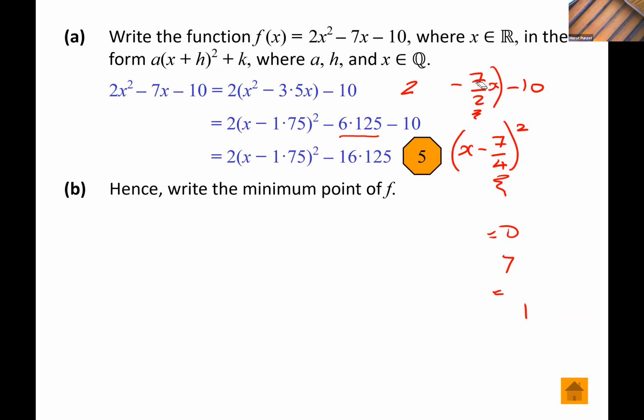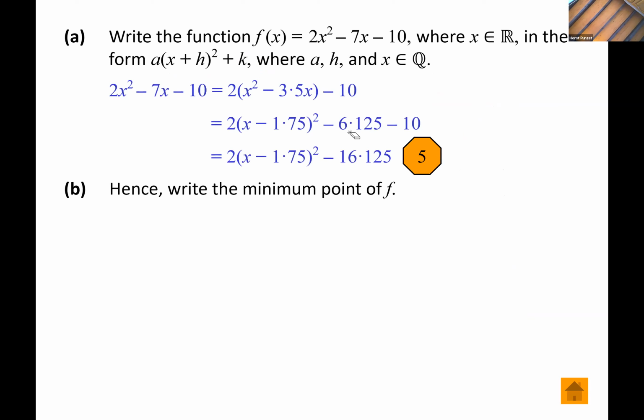The reason I put this question in is for this reason. It is a dog of a question, and if you're not really good at completing the square, it's about as diabolical as you can get. So how can you do it any other way? You can do a little bit of playing with it. Obviously to take that 2 out is very obvious. So to get the A value as 2, bang, you've got yourself the large majority of the marks. That will get you 2 out of 5. And then how do you find the minimum point?